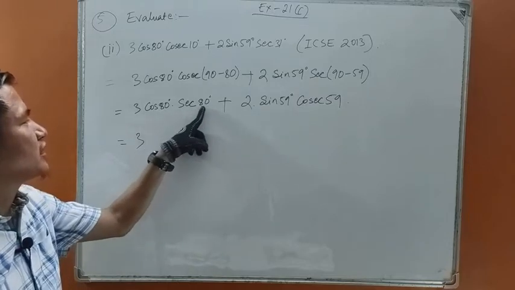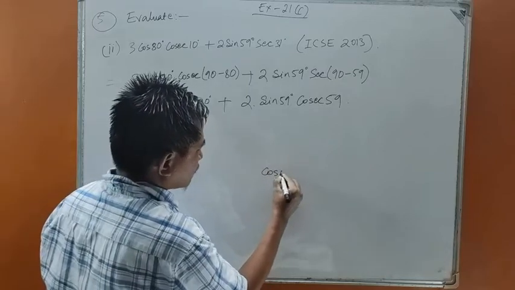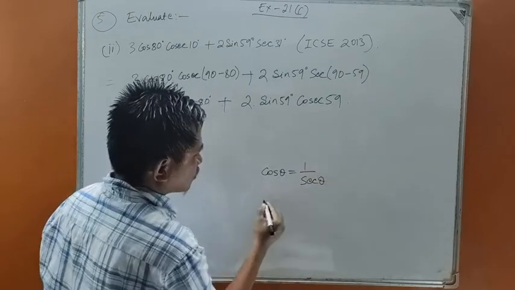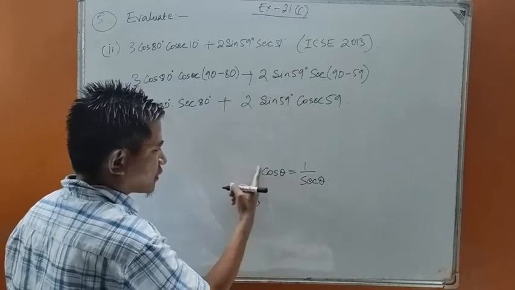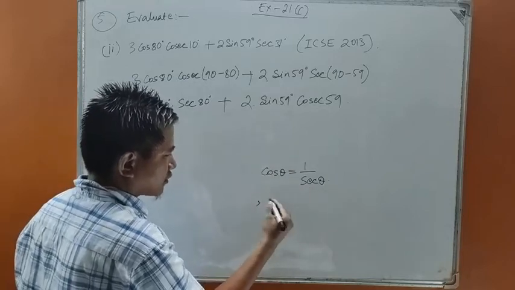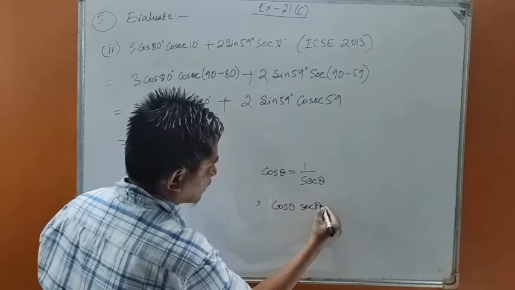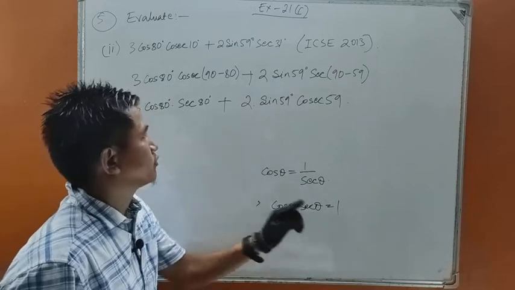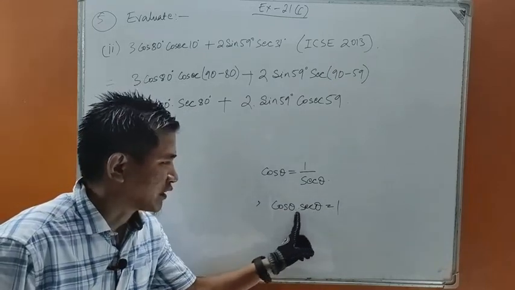You know that cos theta equals 1 upon sec theta, so cross multiplying, cos theta into sec theta equals 1.